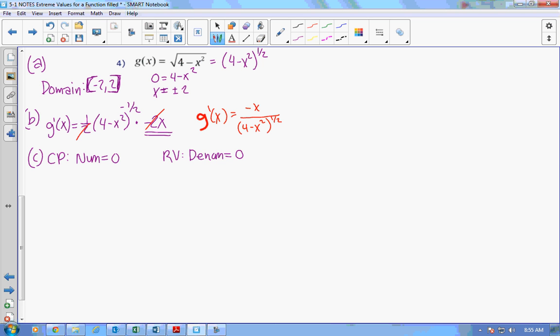Okay, so go find the critical points and restricted values. The critical point is the easy part. Restricted value takes a little more work.